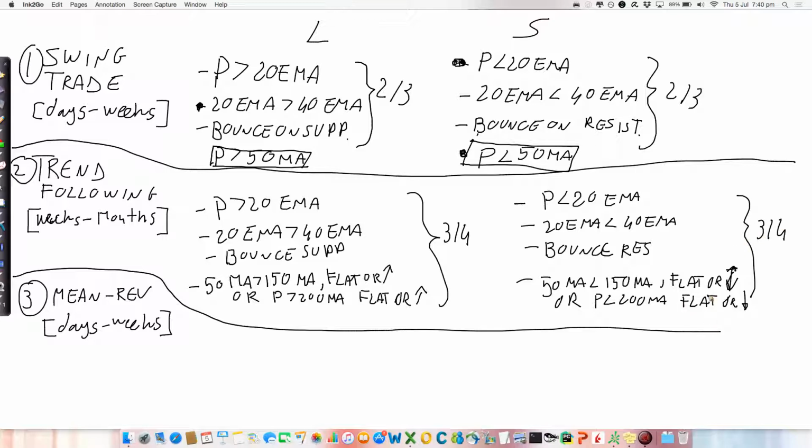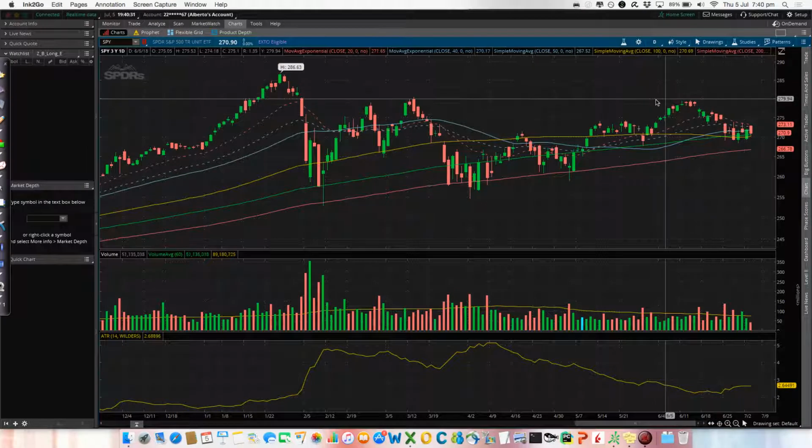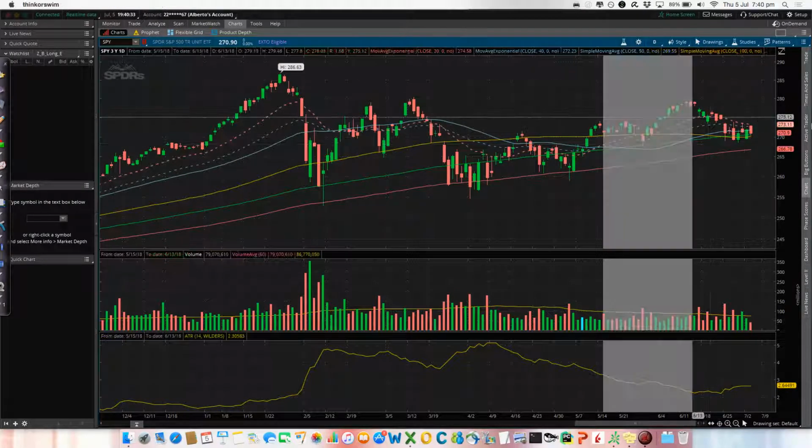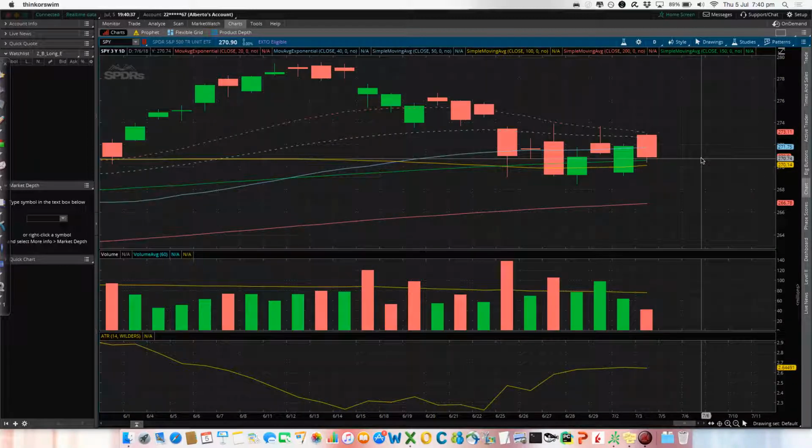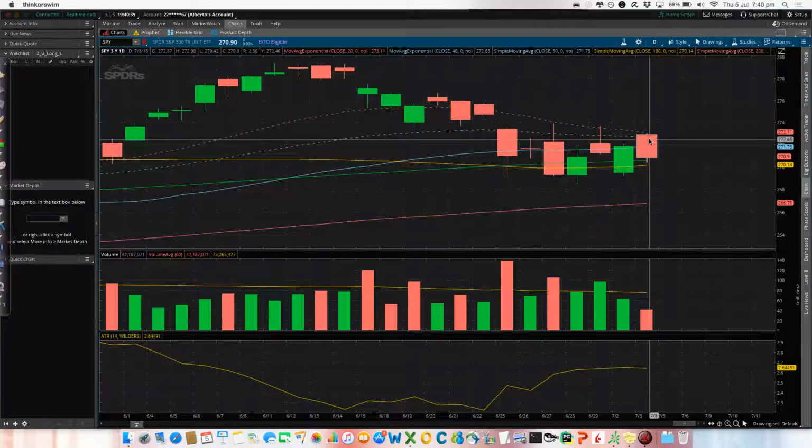So let's check again with the chart if we can take some of this trend following position. So let's look here. 20 is above 40 EMA. Okay. Price is below the 50. Price is below the 20. And what about the short term?